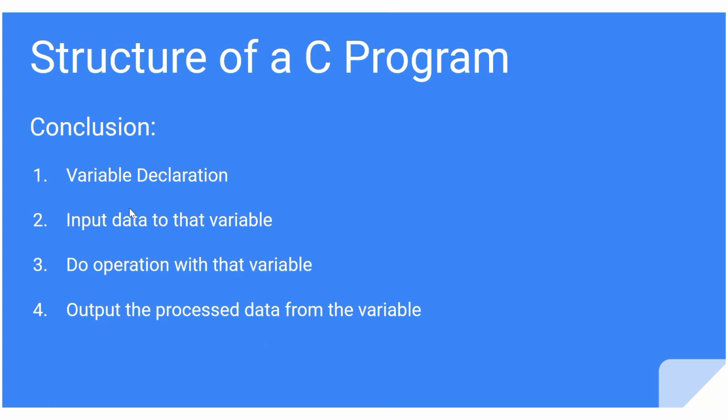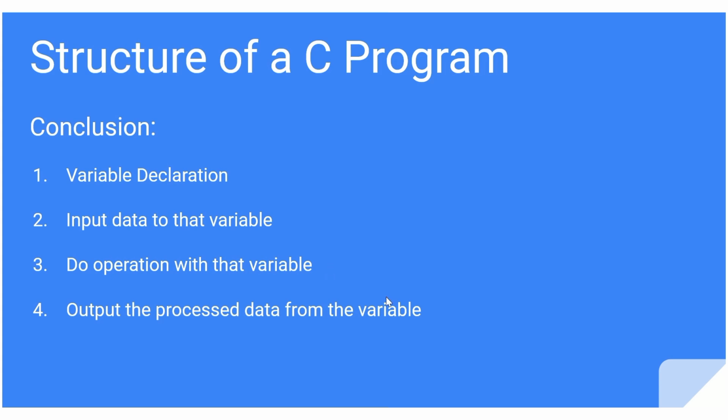In a C program, there are four types of operation. One is variable declaration, then input data to that variable, do operation with that variable, and output the processed data from the variable. As we know, the computer is an input processing output device, or IPO device. It only inputs data from the user, processes that data, and outputs that data.